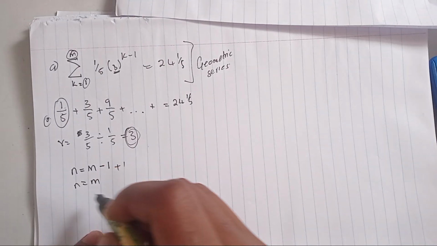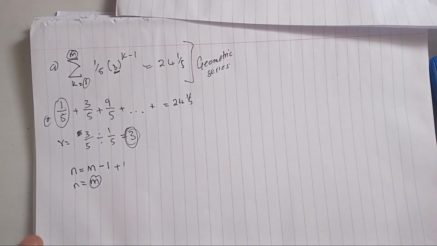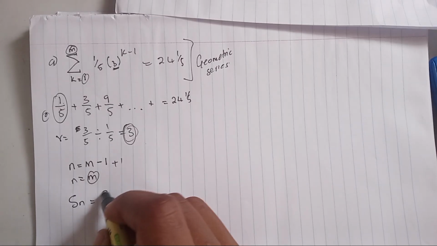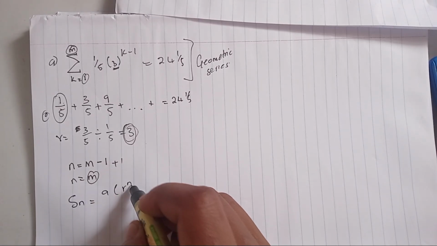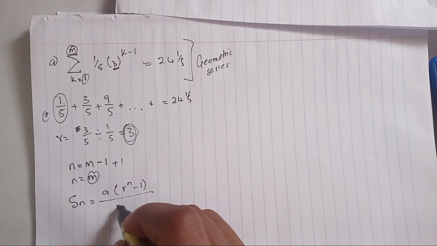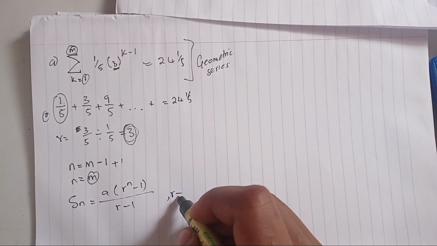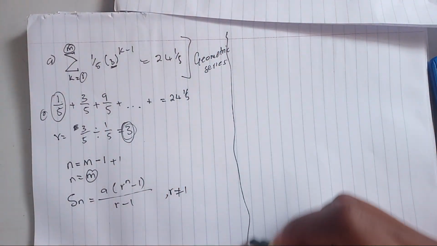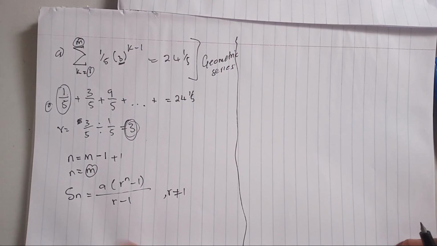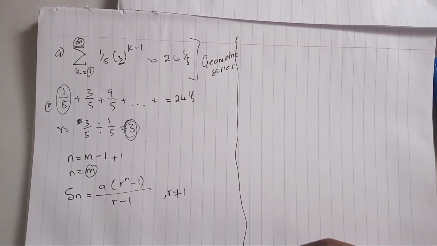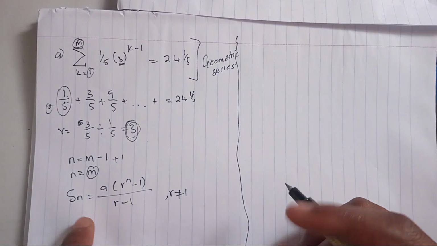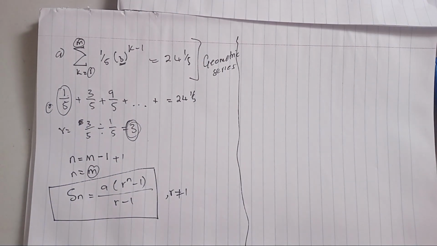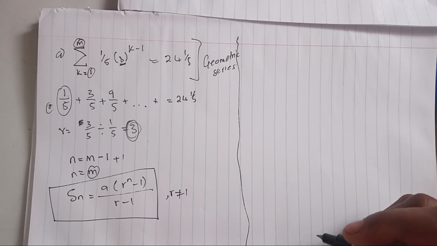It means that n is equivalent to m. Now, for the geometric series, the formula, in most cases I use this one: Sn equals a times r to the n minus 1, over r minus 1, whereby r should not be equivalent to 1. We are going to be using this formula because this series is a geometric series.